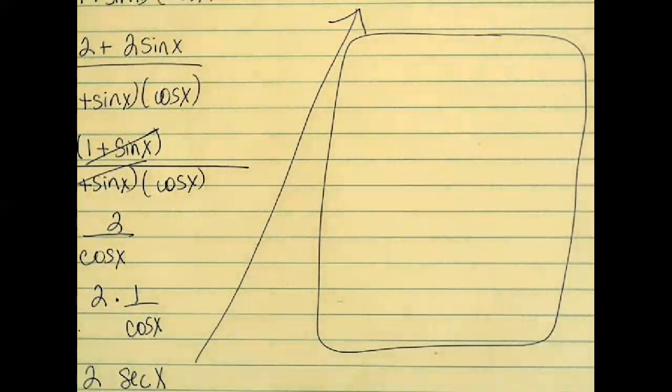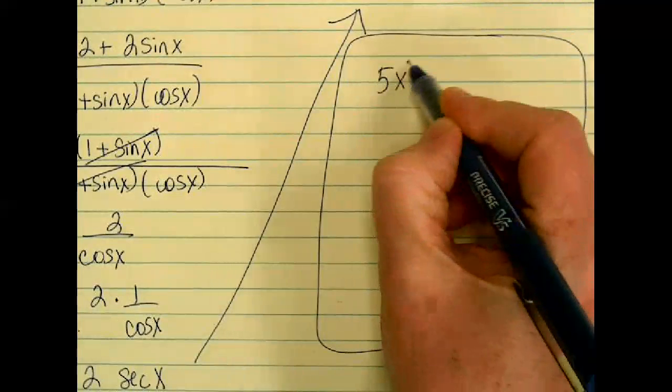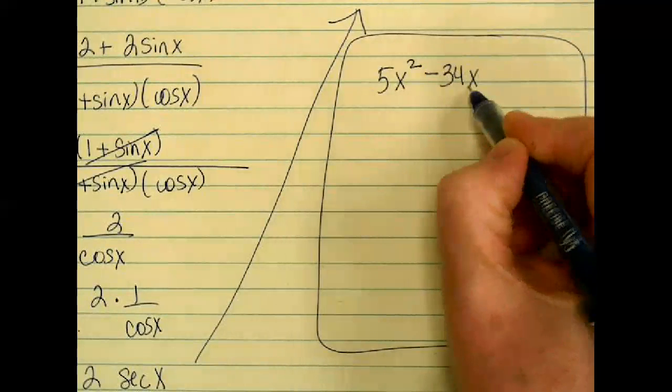Okay, it's 5x squared minus 34x minus 7.